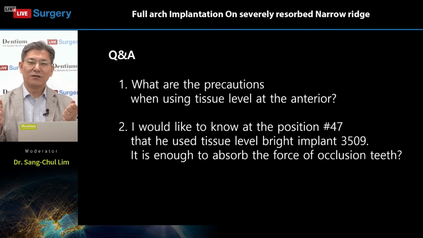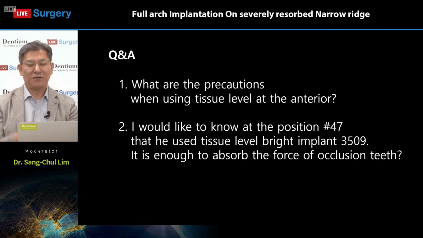Comparing each other, 4.0 is not enough for the occlusal force in the posterior, lower or upper. Lower posterior, even though 4.5 and 5.0 is the regular size, right? 4.0 internal connection is very risky.